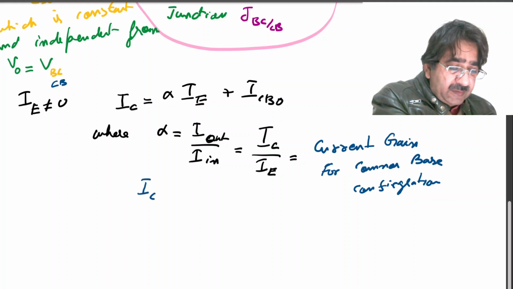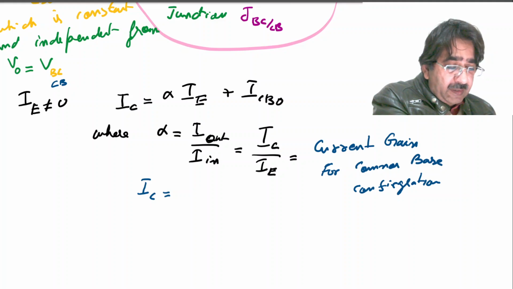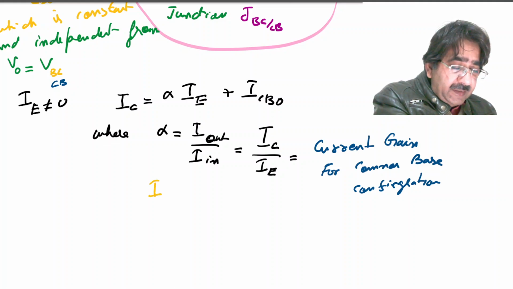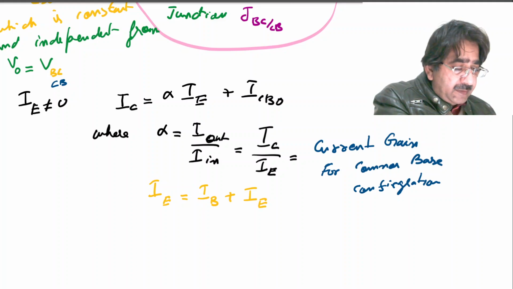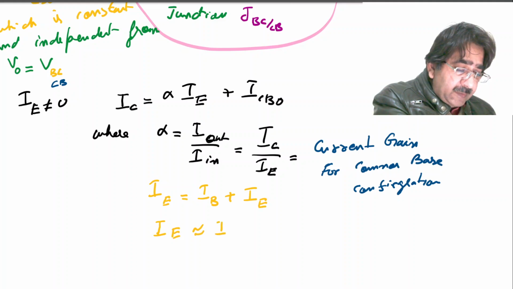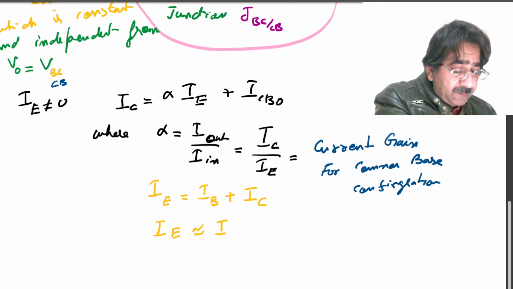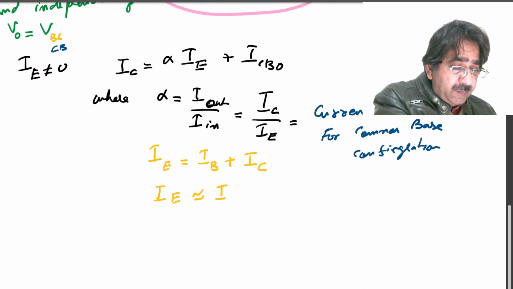As I have already explained, alpha is IC divided by IE, where IE is IB plus IC, and IE is approximately equal to IC.